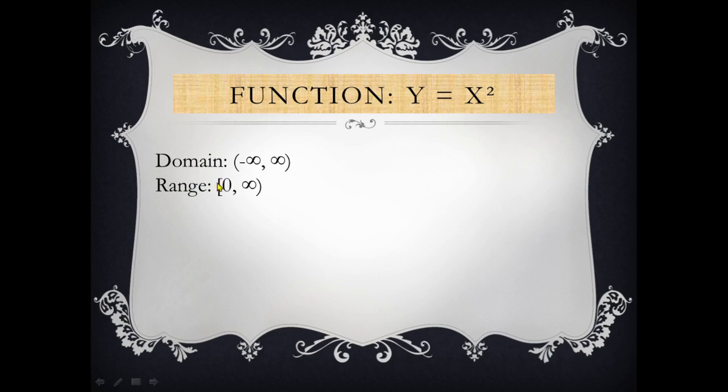So we have to write a closed square bracket, which includes the 0, because when x equals 0, y will be 0. Whether x is a negative or positive number, y will be a positive real number. So the range, the set of all possible outputs, is from 0, including 0, to infinity.